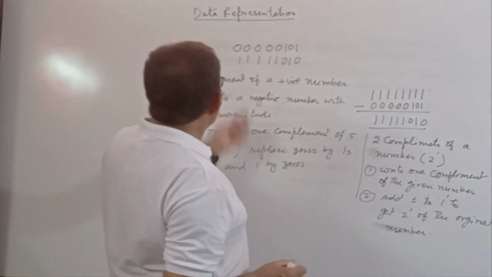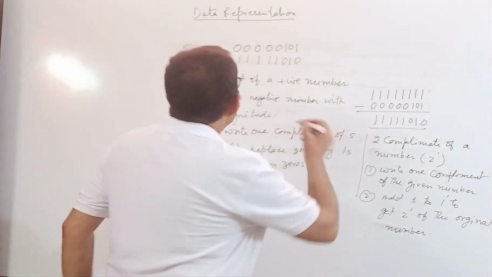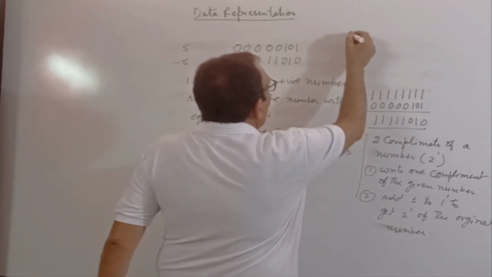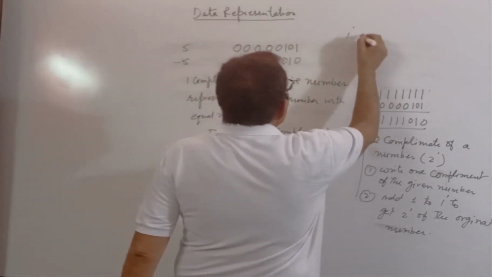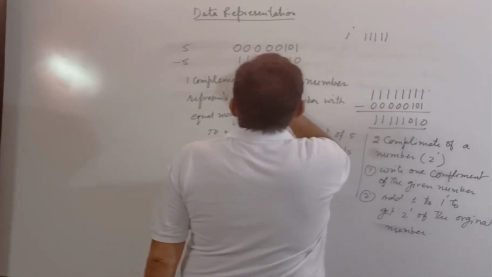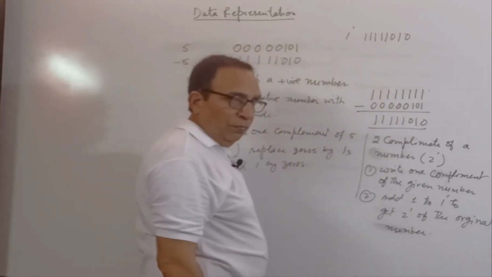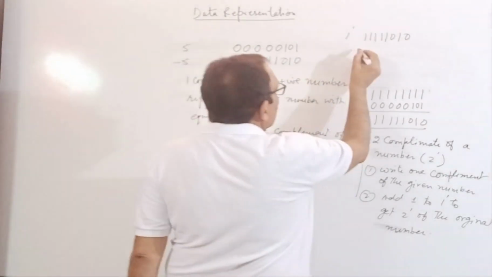For example, let us find the 2's complement of 5. The 1's complement of 5 is what? 1 1 1 1 1 0 1 0. To find the 2's complement, what do I have to do?